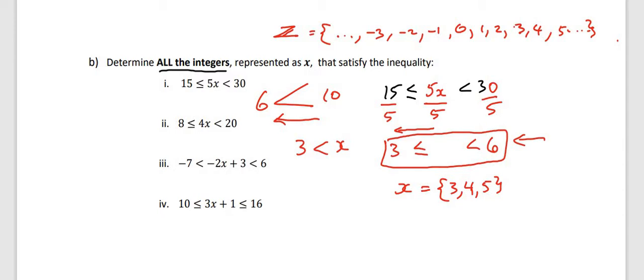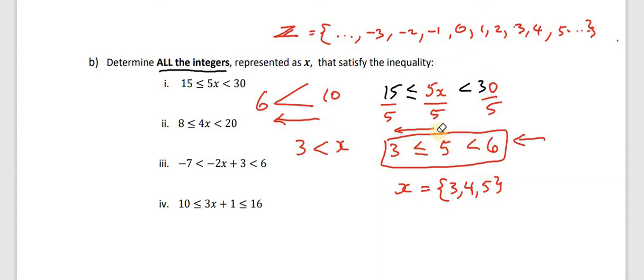I can remove it and put 4. And this is saying 4, going to the left, is greater than 3, and 4 is less than 6. And I can also put 5. That's the last integer I can put there. 5 is greater than 3, but 5 is less than 6.